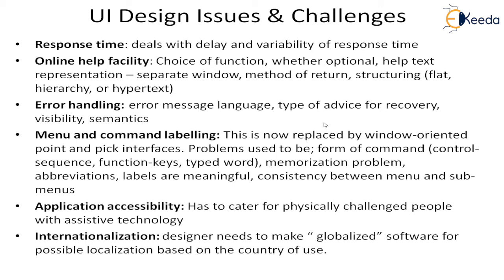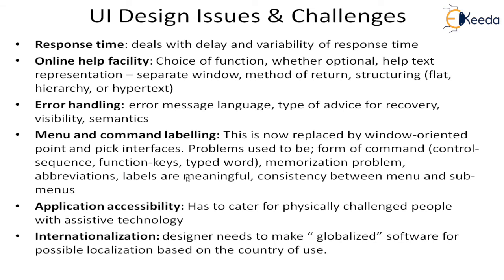Unless you do menu and command labeling properly, the memorization problem will come up, because people cannot remember, abbreviations will be required, and labels have to be meaningful. It should be consistent between different menus and submenus. So there are different types of problems that we encounter when we do menu and command labeling. Each one is an issue, as well as a challenge for us.